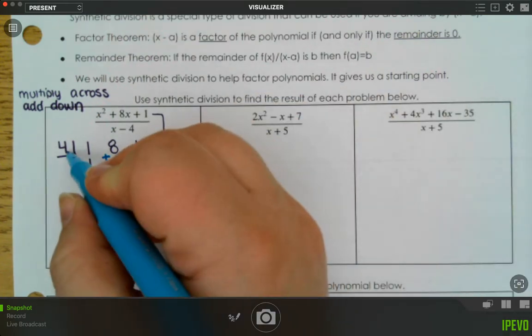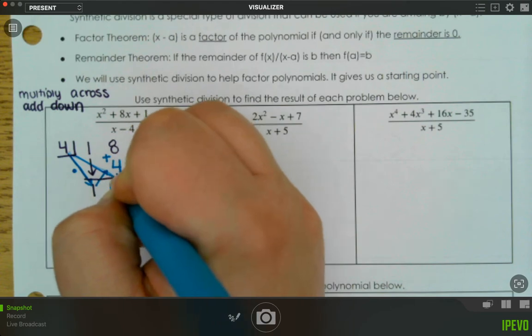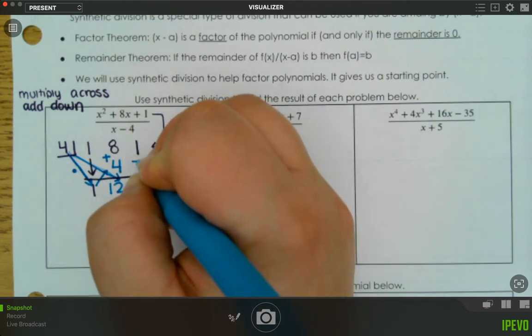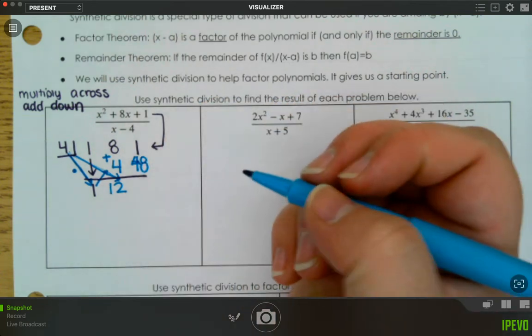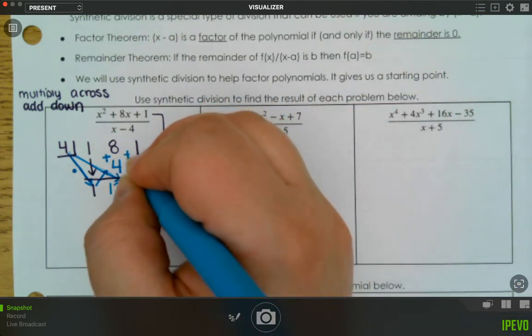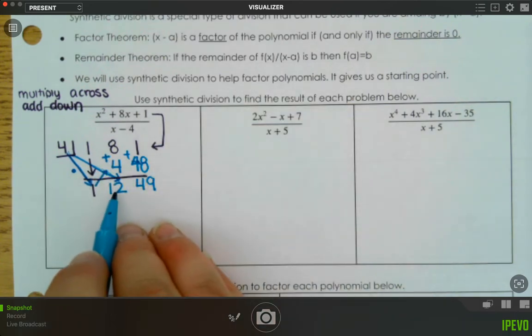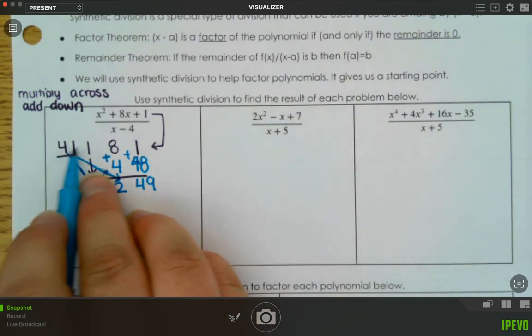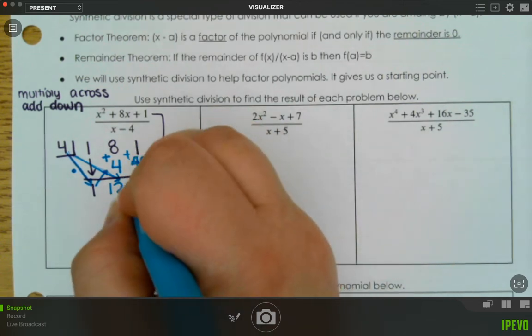And then you are going to multiply these two numbers and put your answer right here. And then you're going to add those two numbers. So whatever new number is right here, that's the one that gets multiplied by this. Write your answer on the next column, and you add them together.